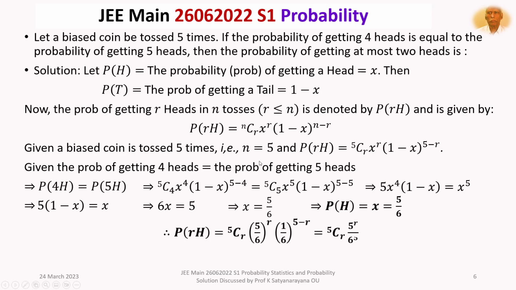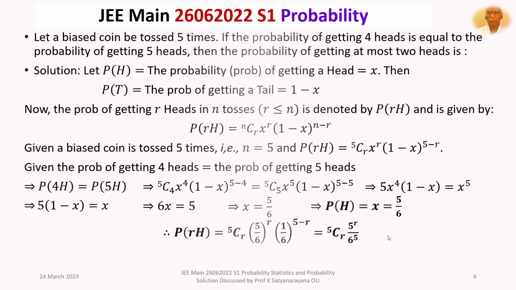Therefore, the above formula becomes: probability of getting r heads is equal to 5Cr into 5 by 6 to the power of r into 1 minus 5 by 6, that is 1 by 6, to the power of 5 minus r. Simplifying, we get 5Cr into 5 power r by 6 power 5.